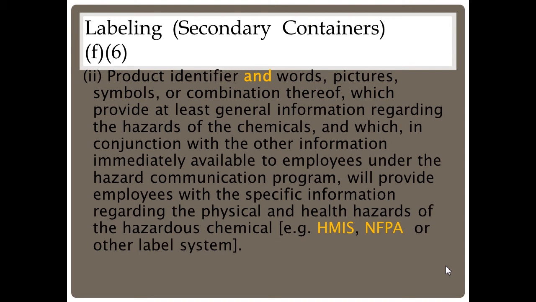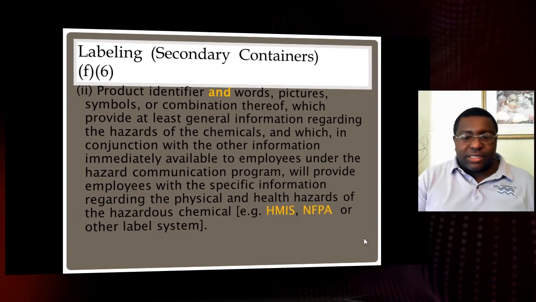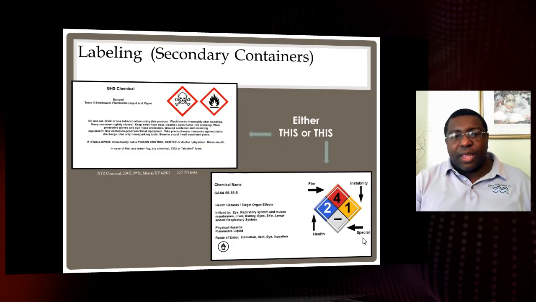You could also use your old labeling system, your HMIS or NFPA label system in conjunction, but you need to train your employees that they're using both, that they're going to see GHS labels and the old labeling system at the same time.